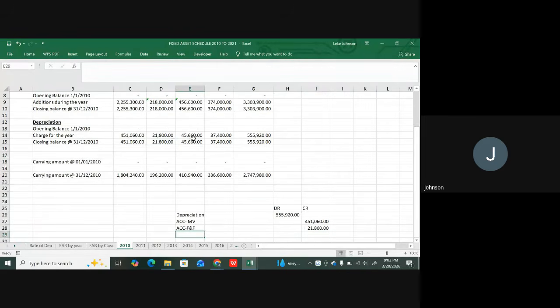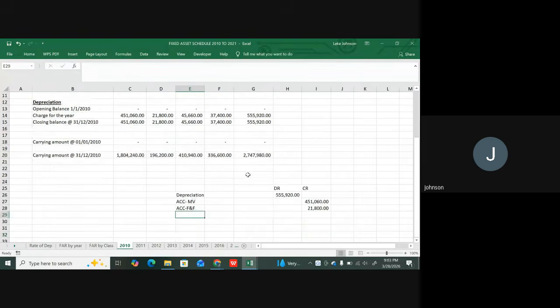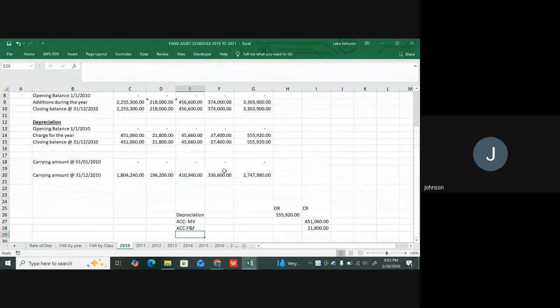Now, because what we are posting to our profit and loss account is the total of the charge for the year, we shall only take note of this.